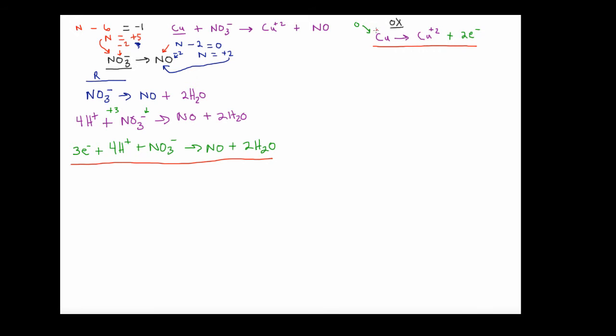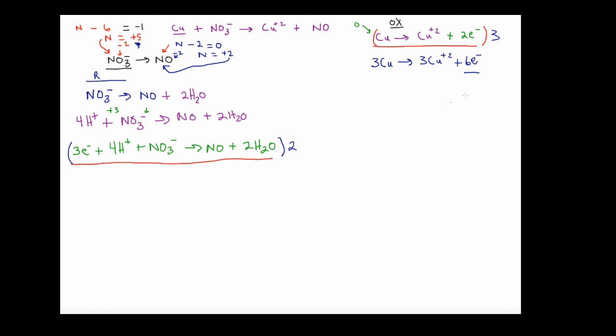So we're going to multiply the copper half reaction by 3, and we're going to multiply the nitrate half reaction by 2. Now when we do this, you're going to see what's going to happen. We're going to end up with 3 coppers like this and 6 electrons.